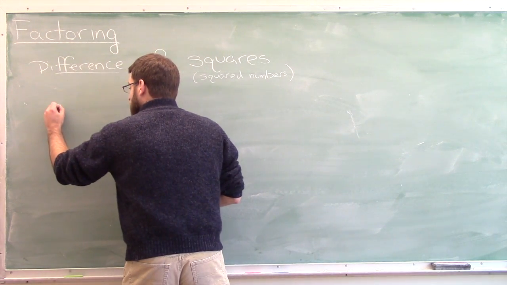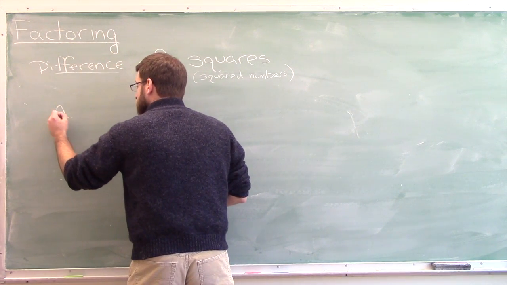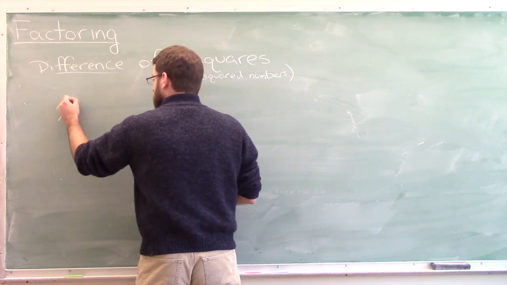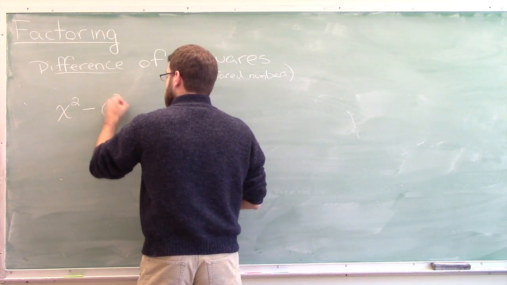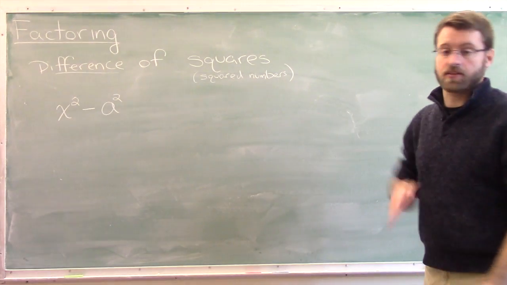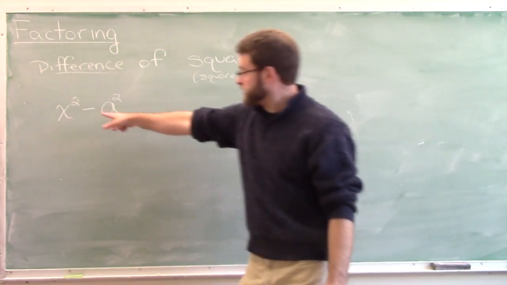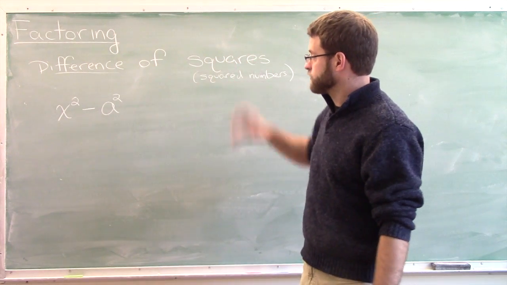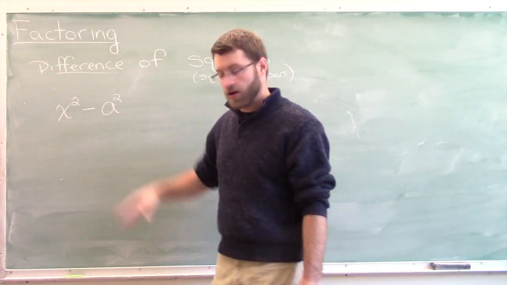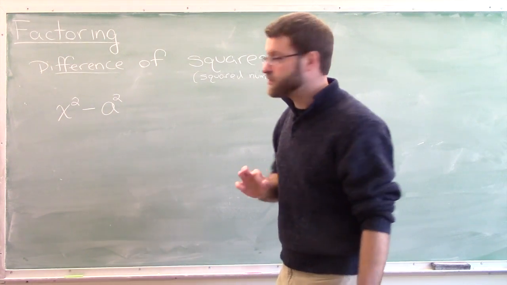So if I have a difference of squares, the pattern in kind of standard form might look like x squared minus a squared. That's the pattern. Okay? A difference, and there are two squares. So it's a difference of two squares or a difference of squares. This pattern factors into two pieces.